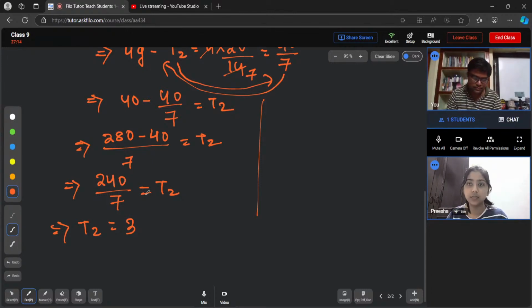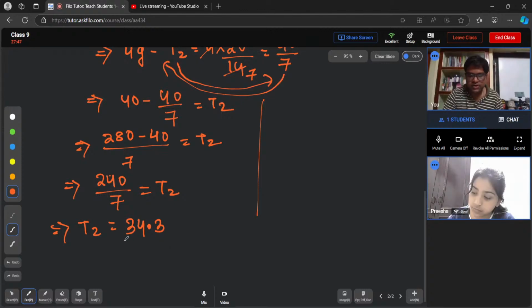Okay. So T2 equal to 7 3s are 21, 30, 7 4s are 28, 20, point, approximately 34.3.